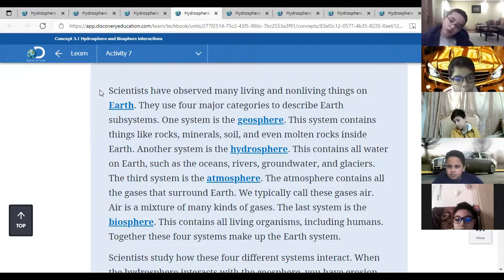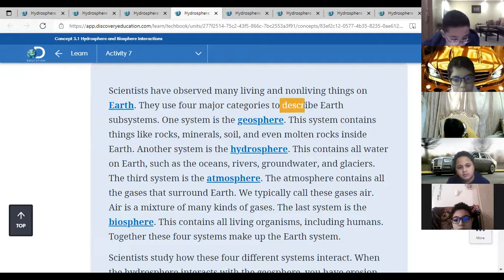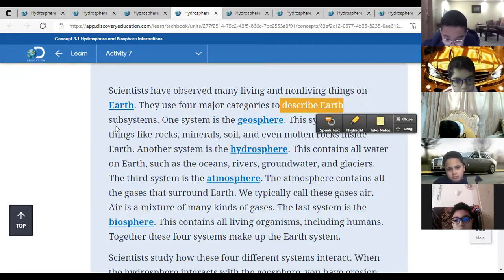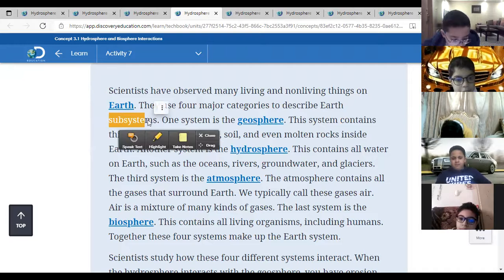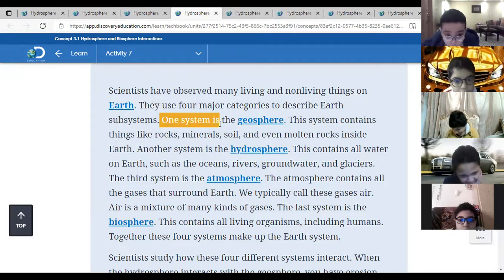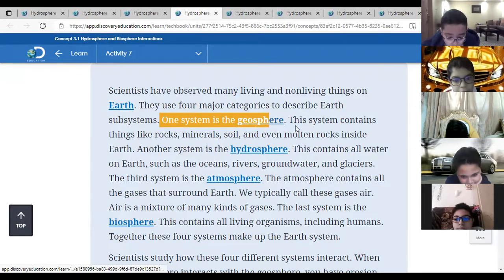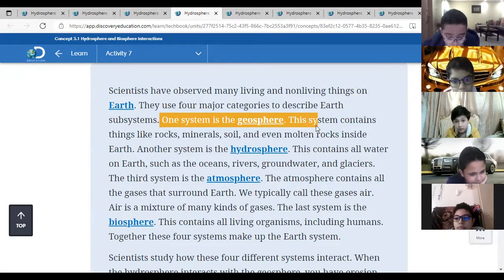Scientists have observed many living and non-living things on Earth. They use four major categories to describe categories to describe Earth Subsystems. Yes. One subsystems. One system is the geosphere.